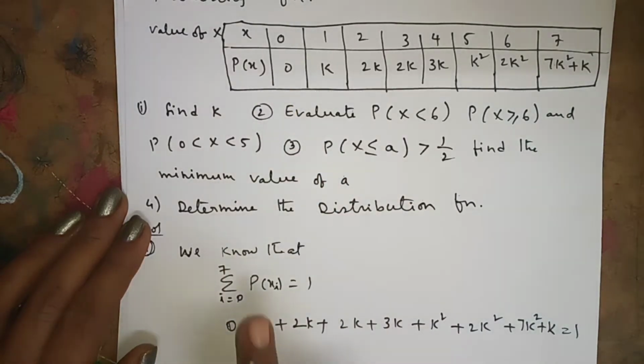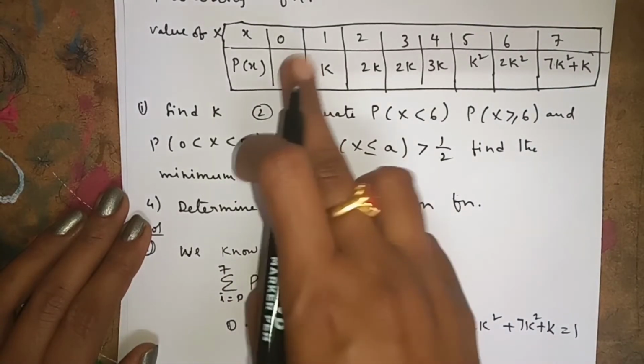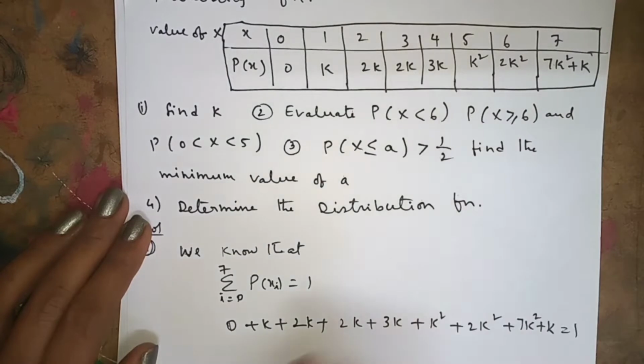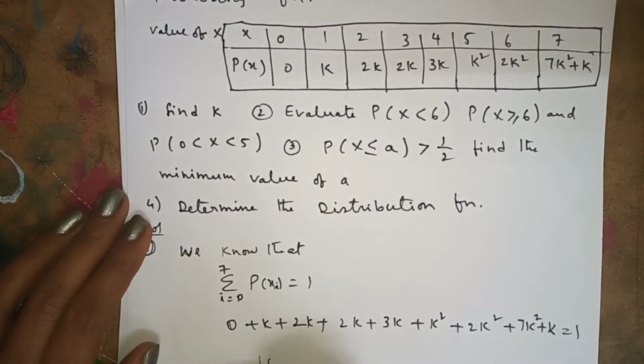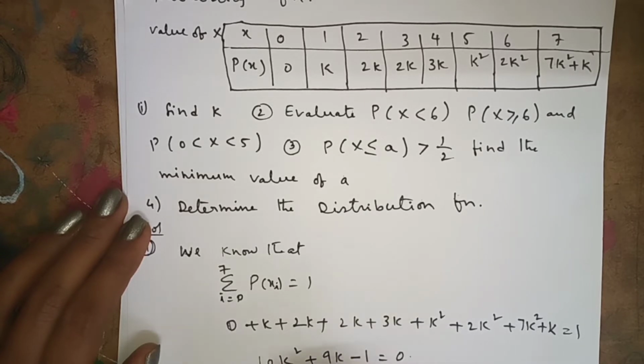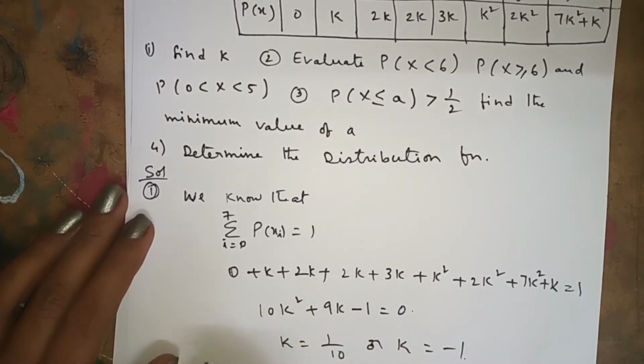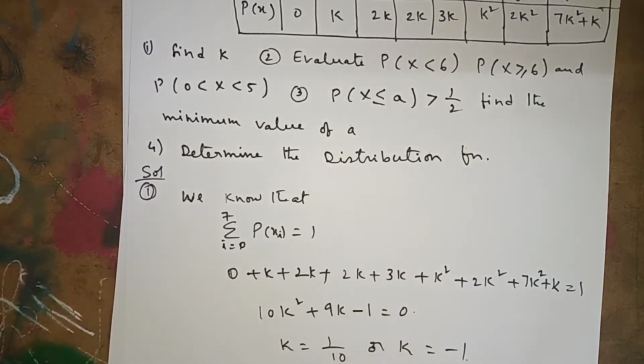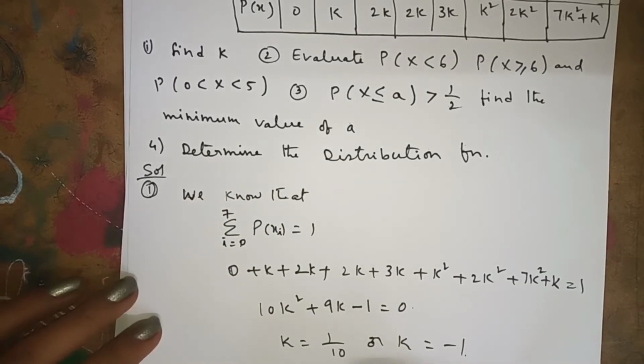If you add all these values and simplify, you will get 10k square plus 9k minus 1 is equal to 0. If you solve for k, you will get k is equal to 1 by 10, or k is equal to minus 1. Always remember, p of x means probability, and probability cannot be negative.